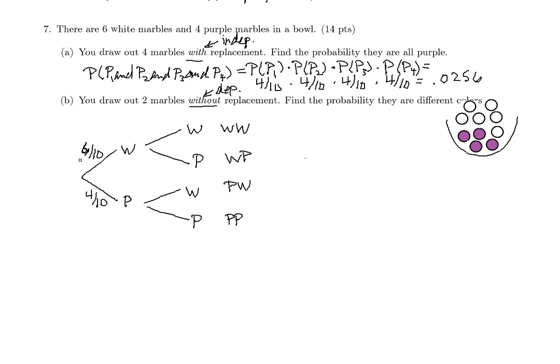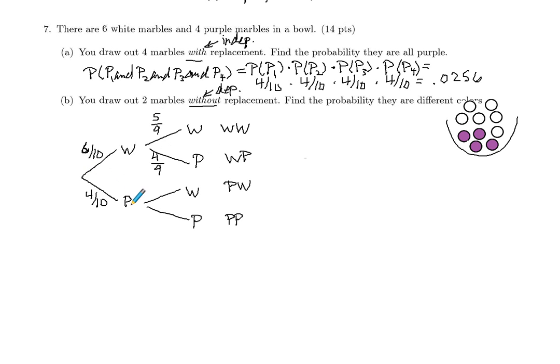And then on the second draw, if we drew a white one first, then one of these white ones is gone. So now we've got 9 marbles left. So both of these denominators are going to be out of 9. We'd have 5 white ones left and 4 purple ones left. If we take one white one out, then we'll have 5 white ones left, but still 4 purple.